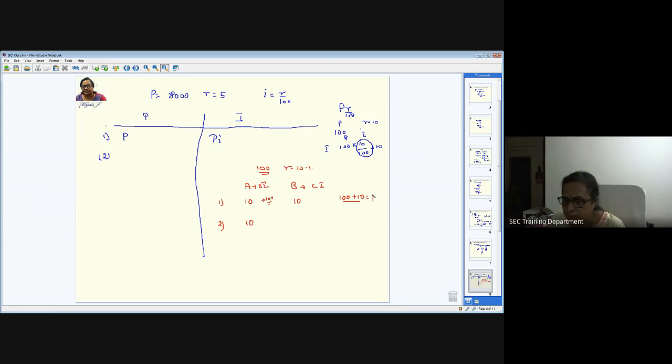Now this principal is nothing but 110. It's not 100. So the interest to be calculated is for 110. So what is 10% of 110? 11. Right? 11. So this is the difference here. Interest for interest is calculated in compound interest, whereas that is not calculated under simple interest.